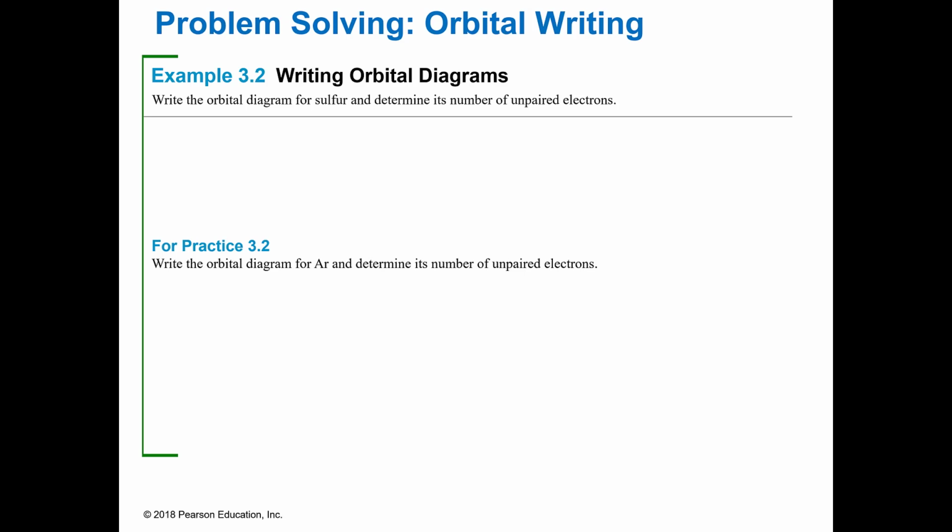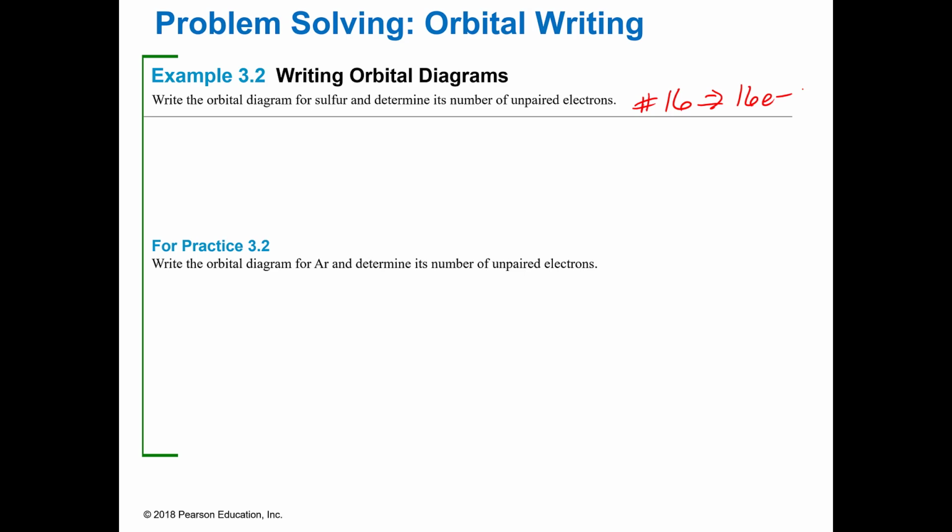And so for this one, we're doing sulfur. The first thing you do is you look and see what number it is. If you look on your periodic table, it's atomic number 16, which means it has 16 electrons that you have to fill. Now, easy to do your electron configuration if you've been practicing it, right?